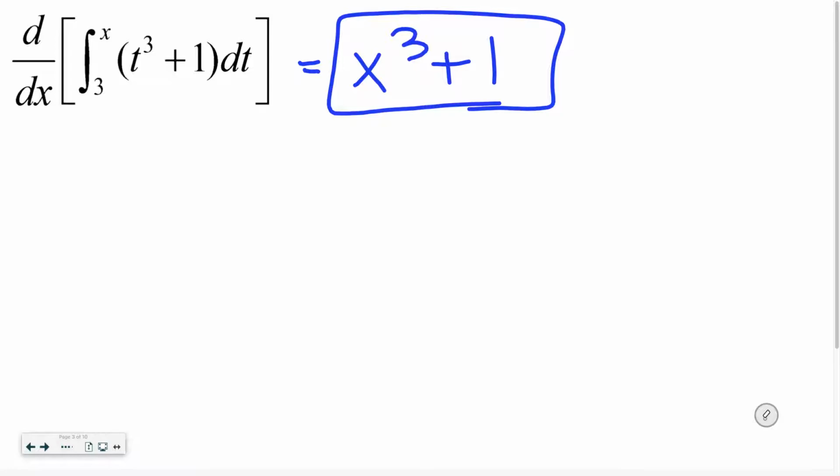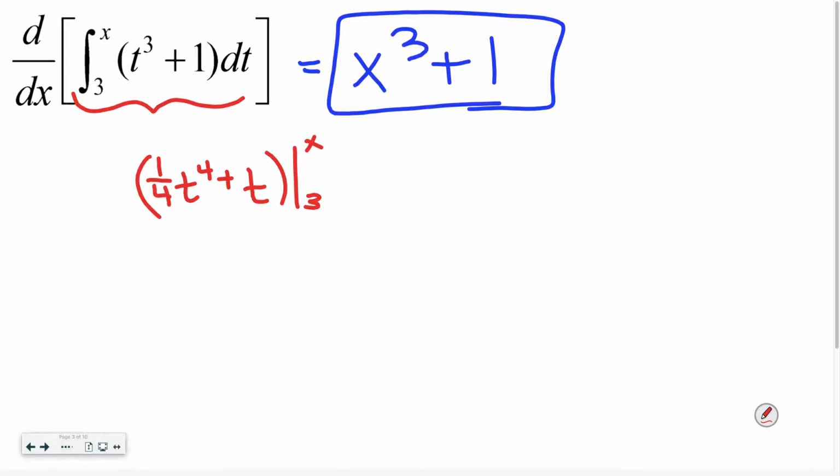Why, you ask? Don't write this down. But if we were to do this integral right here the long way, the antiderivative of t cubed plus 1 would be 1/4 t to the 4th plus t, and we would have to evaluate that from 3 to x, right?